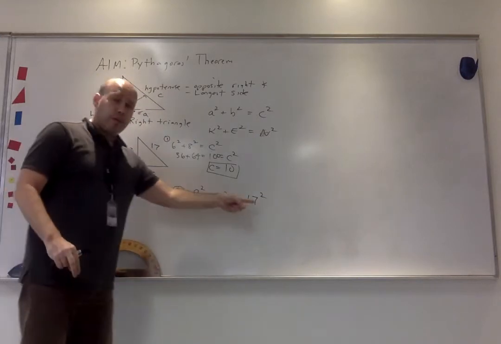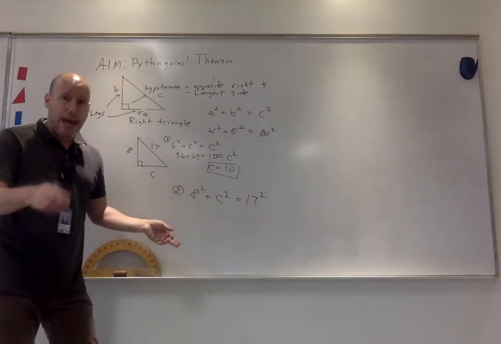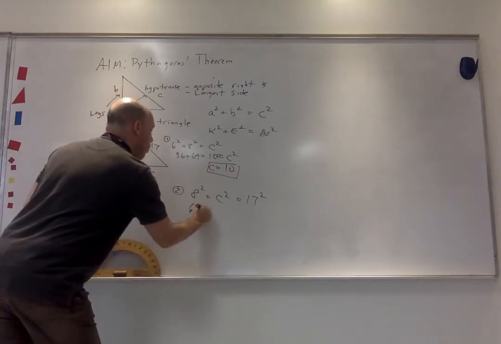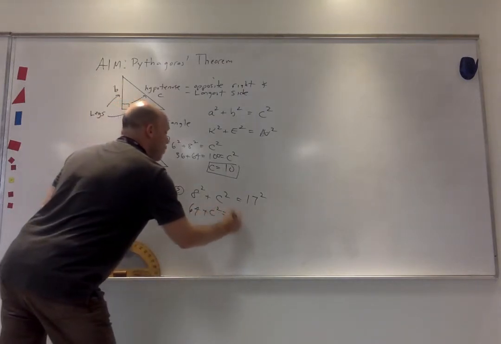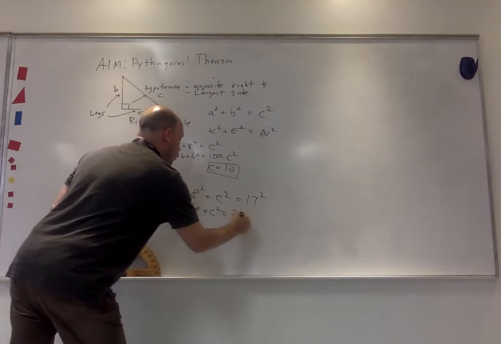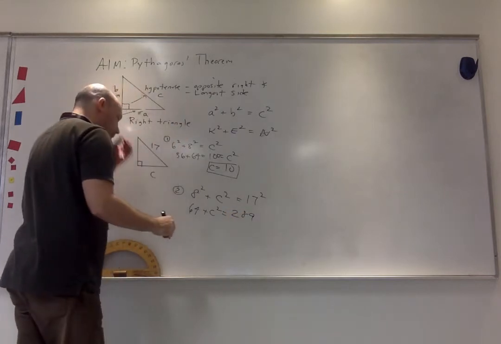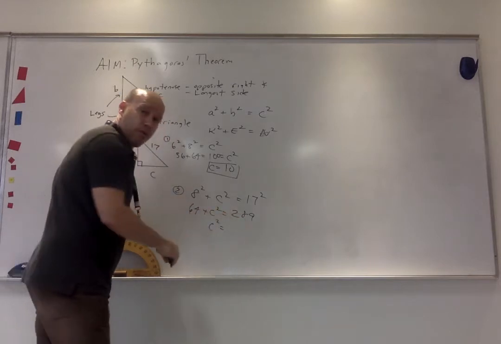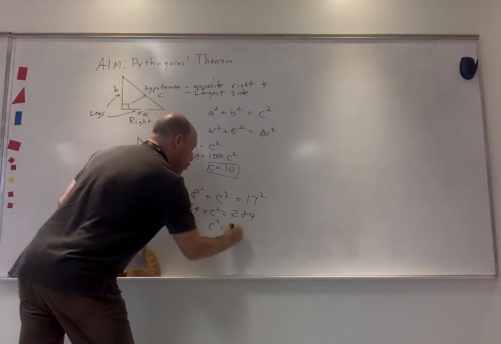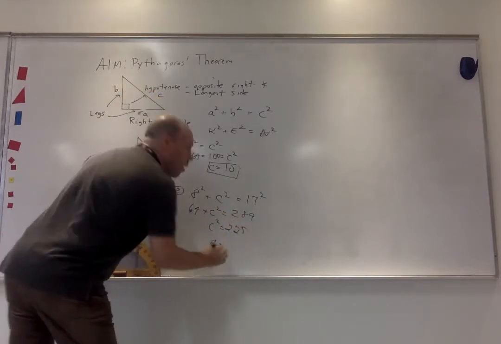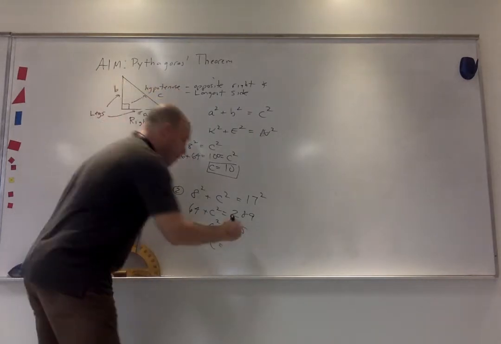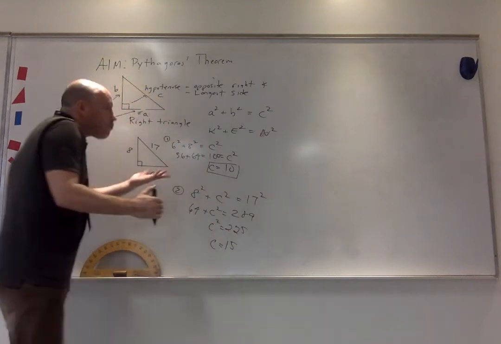You can use Desmos to solve this, or your GDC and solver, or you can solve by hand. 64 plus C squared equals 289, and then I'm going to subtract 64 from both sides: C squared equals 225. C equals plus or minus 15, but I'm going to ignore the negative 15. So the answer is 15.